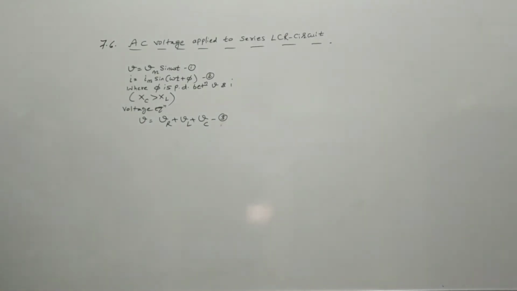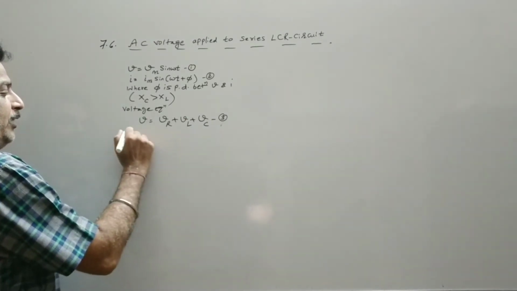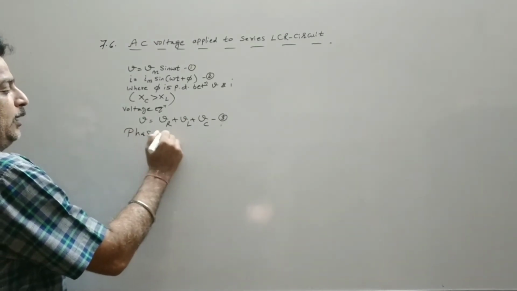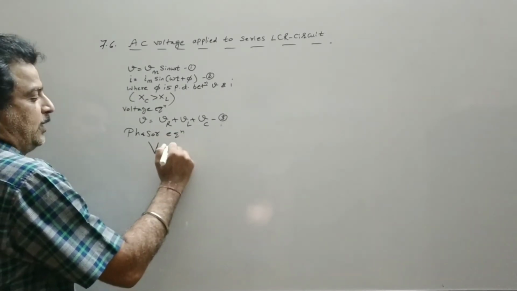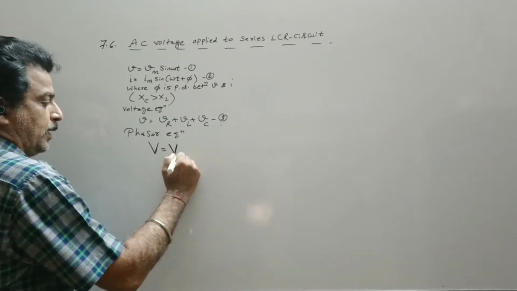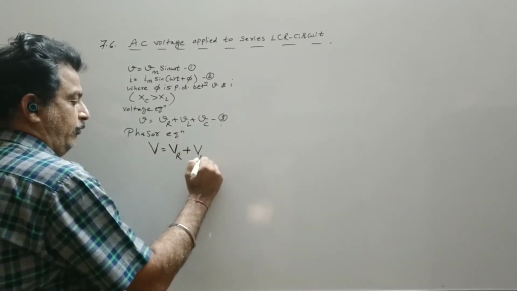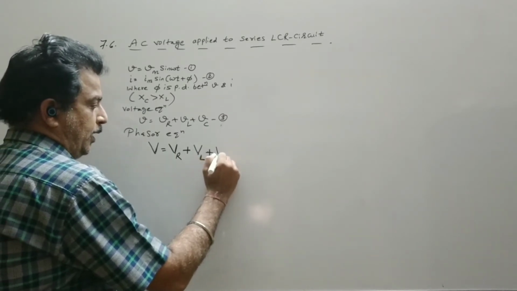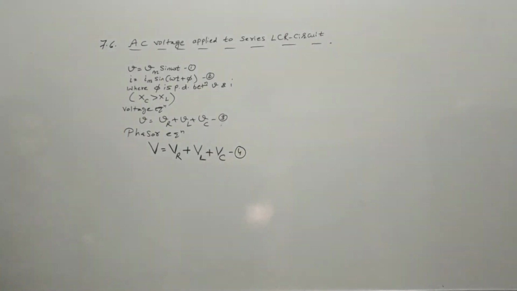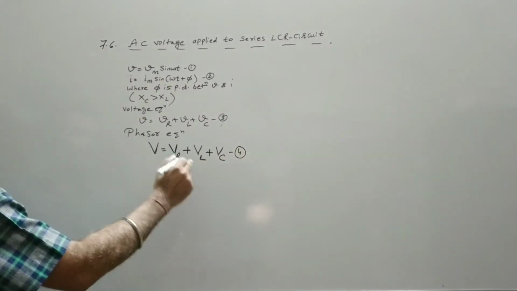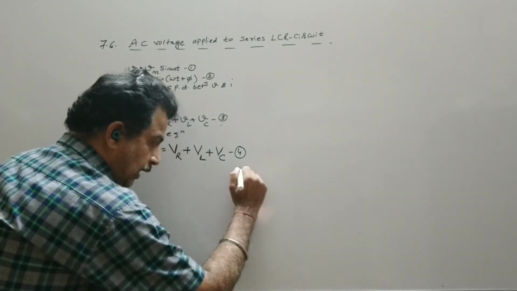With the help of a phasor diagram we have written the phasor equation, that was V is equal to VR plus VL plus VC. And then we have drawn the phasor diagram.